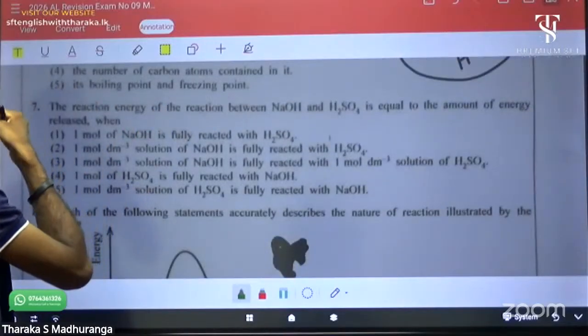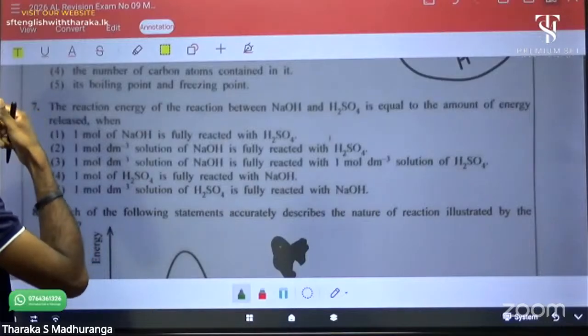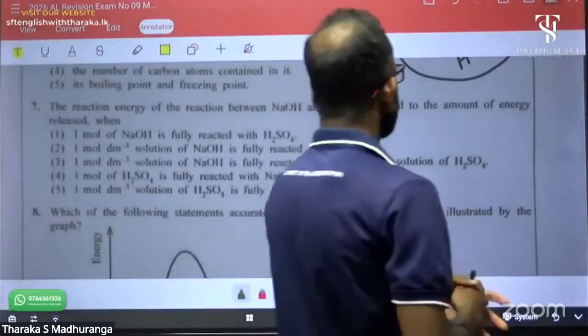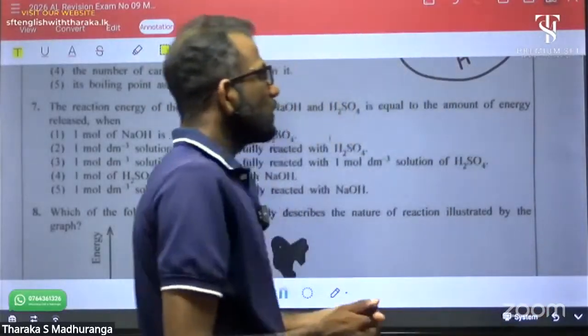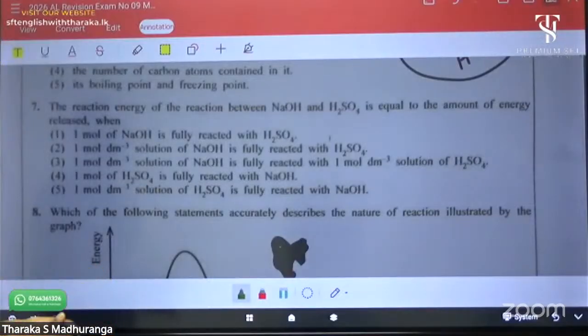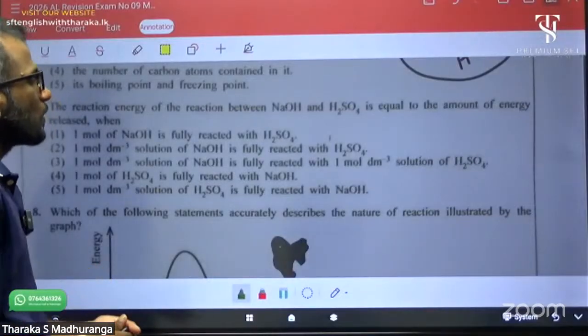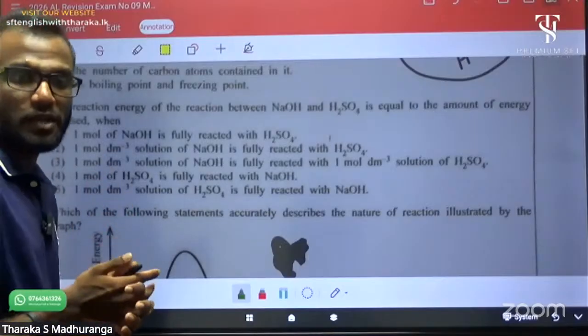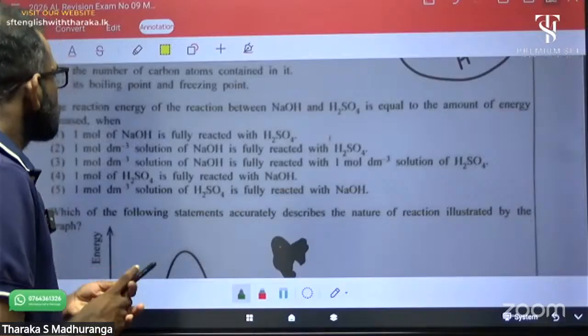The reaction energy of a reaction between sodium hydroxide and sulfuric acid H2SO4 is equal to the amount of energy released when... That's a good question. The reaction energy, that means heat of reaction, right?